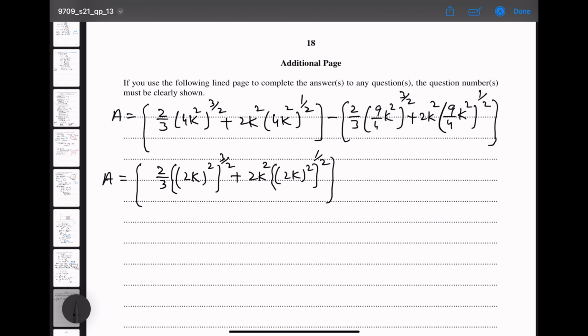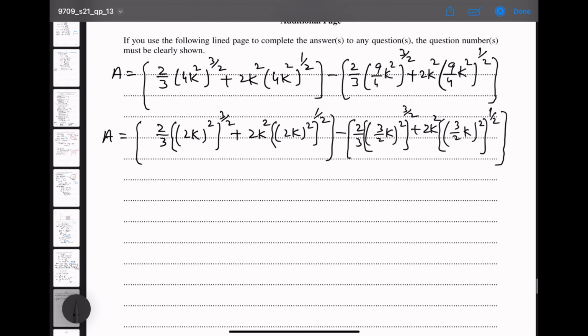Minus the lower limit, minus 2 over 3 times 3 over 2k square whole power 3 over 2, plus 2k square times 3 over 2k square whole power 1 over 2.